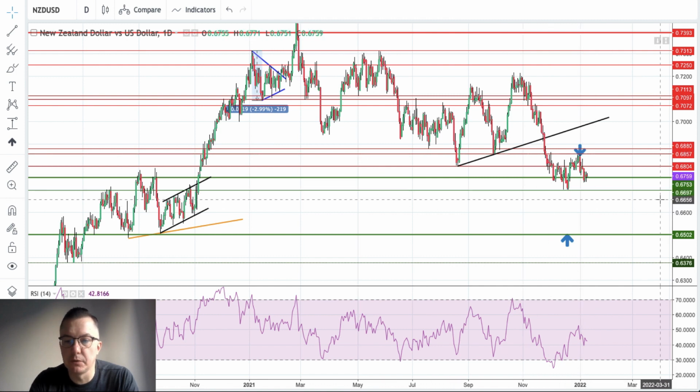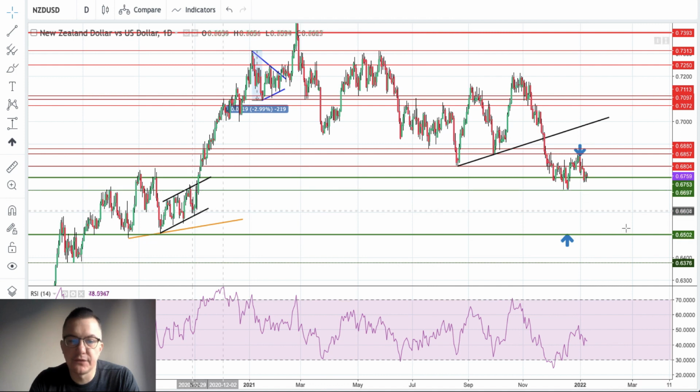So this is the key support, 6,753. This is the last resort, the line in the sand for the bulls, 6,697. Any violation of this level is definitely going to lead us towards 6,502.